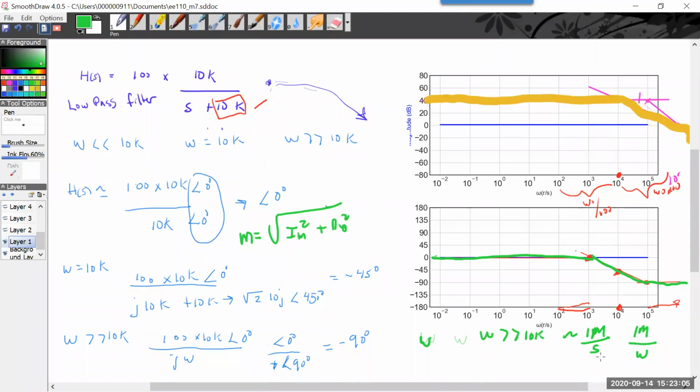In this regime, there is no real. It's all imaginary, and it's just omega. The imaginary number pops out. So if I take 20 log of that, basically that becomes minus 20 log of 1 meg over omega.